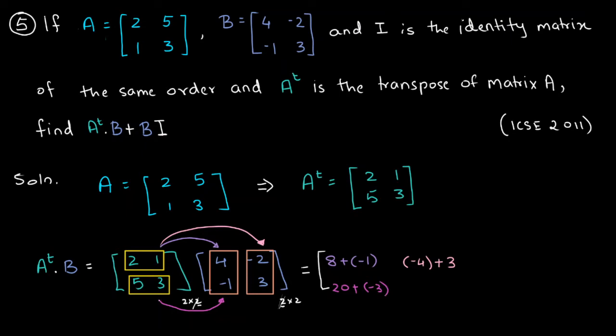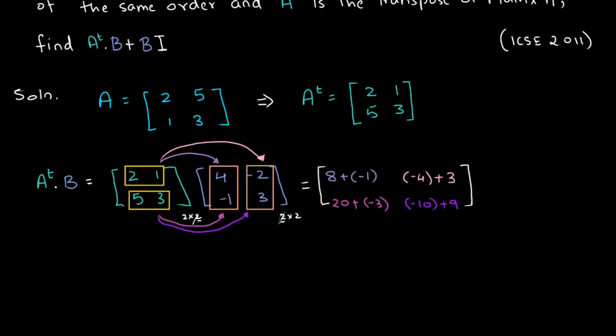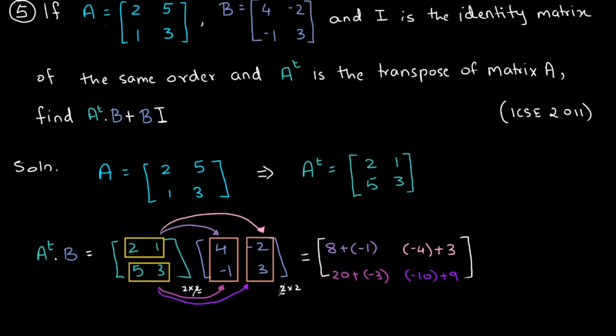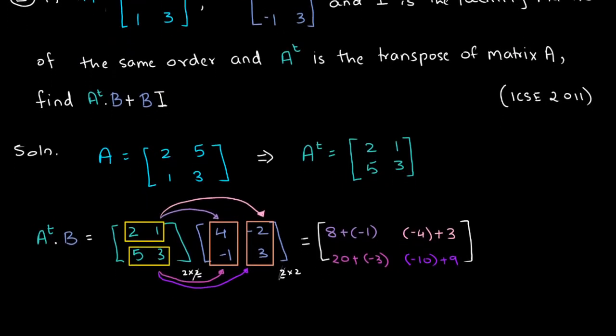And moving on to the second row second column now, 5 into minus 2 is minus 10, and 3 into 3 is 9, so plus 9. There you go. I just need to simplify that, and that will give us the value of A transpose into B. Alright, we've got some more space to simplify it.